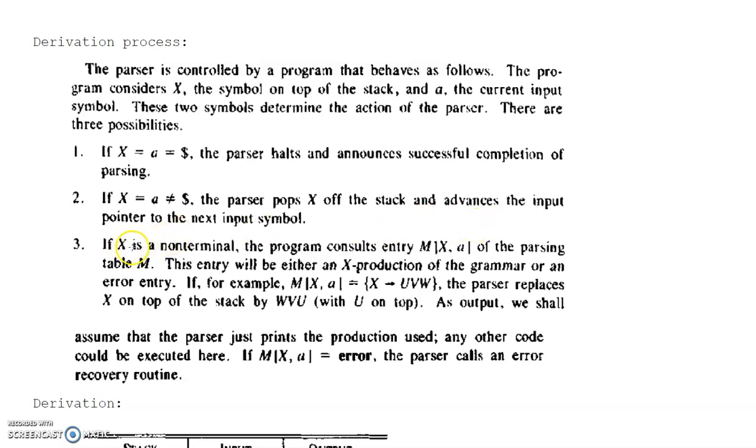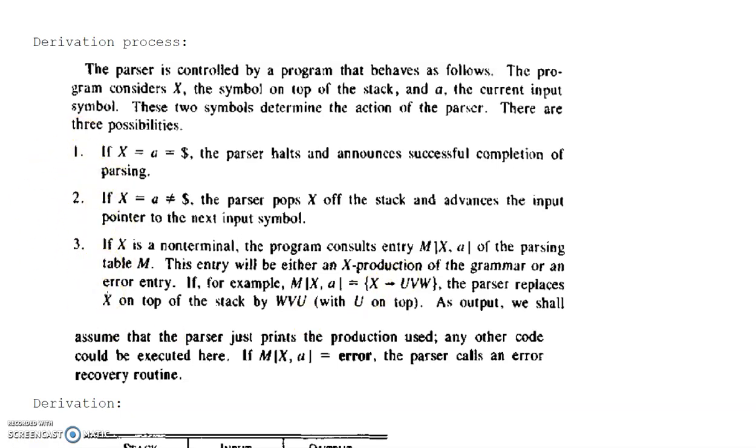And if X is a non-terminal and a is an input terminal, then check that particular entry M of X comma a. If they are not equal and it should not be dollar, in such case check the parsing table entry, M of X row and the a column, if there is any production. For example, if that production entry is X tends to UVW, then in reverse manner we have to push it into the stack and then derive the derivation like that, applying rules 1, 2, 3.